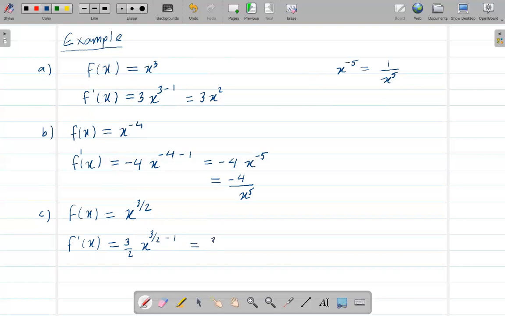So x to the power 3 over 2 minus 1 is 1 over 2, right? And this is also equal to 3 over 2 x to the power 1/2, also the square root of x, right?